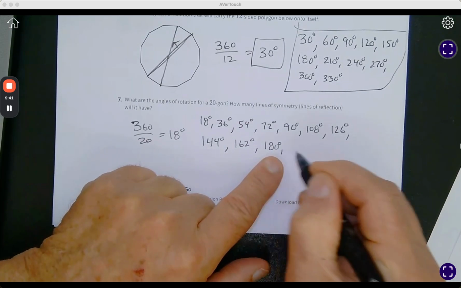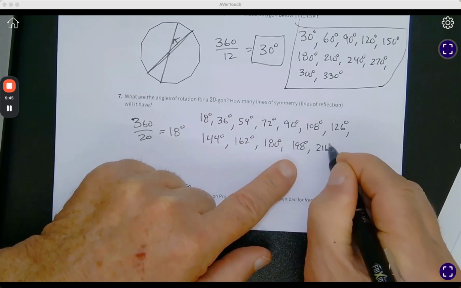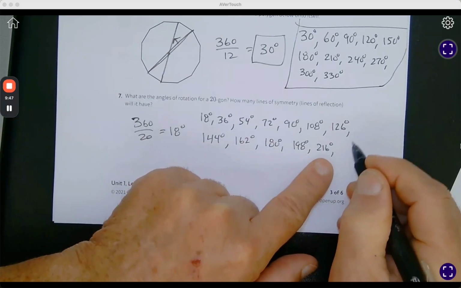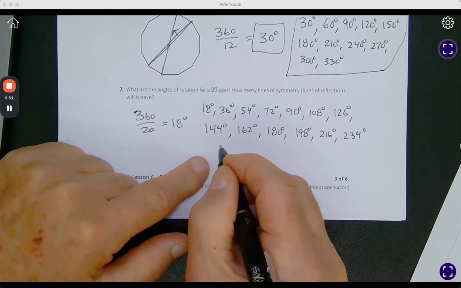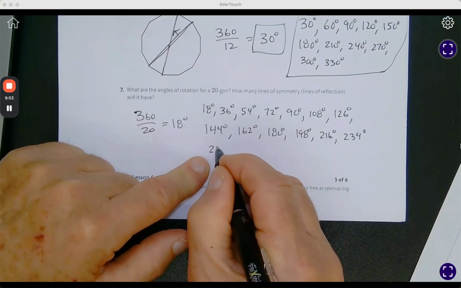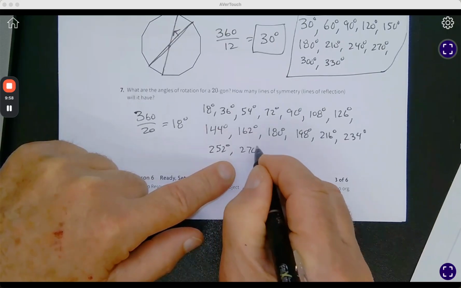Add 18 to that, 198. Add 18 to that, 216. Add 18 to that, 234. Add 18 to that, 252. Add 18 to that, 270.